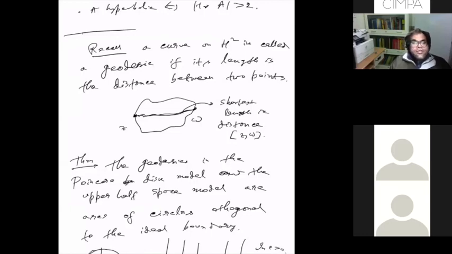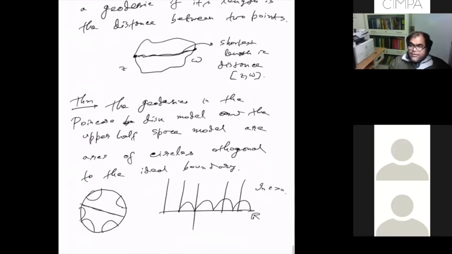So these are the geodesics of the hyperbolic plane. Now, is there any other geodesic that I am missing here in the disk model? There are also the diameters.